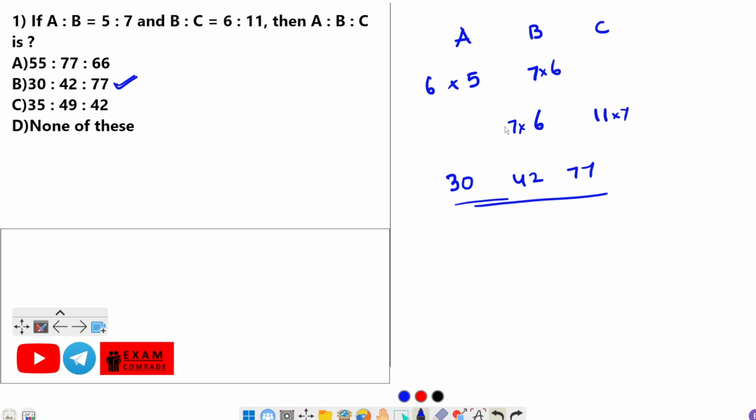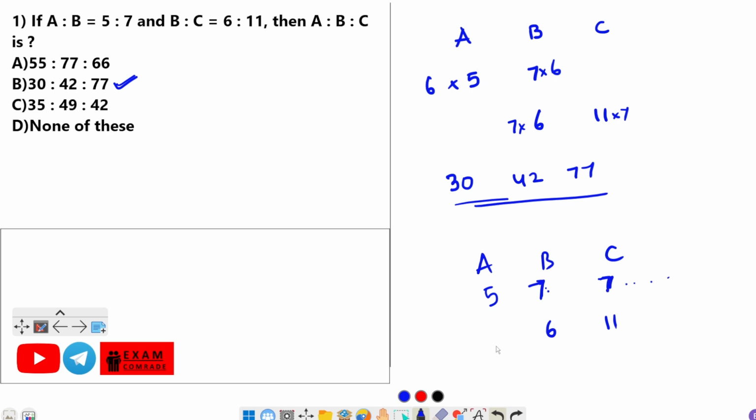No need to write these things in examination. Simply we can write A is to B is to C, 5 is to 7, 6 is to 11. Okay, just extend this 7 till the end. If you have more terms like A, B, C, D, E, you can do with this method. Just extend the B term to the C and D and so on.